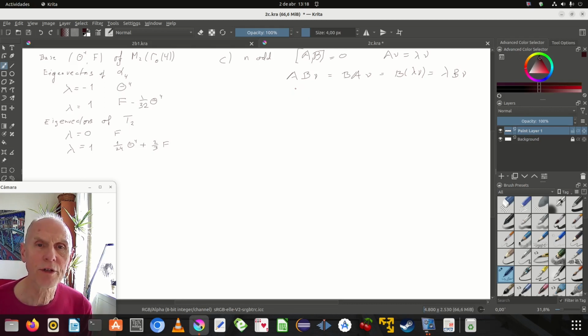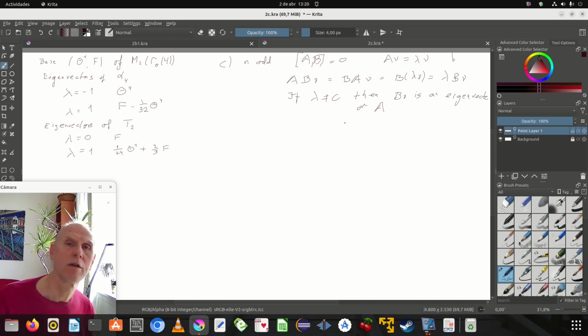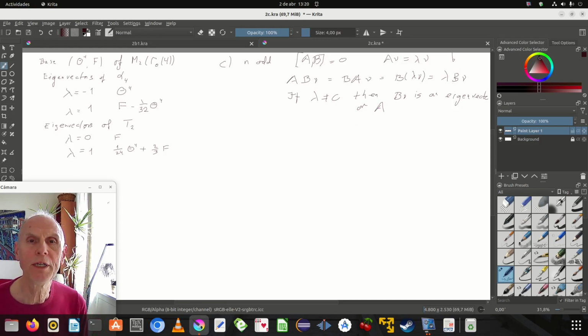Oh, so that means that if lambda is non-zero, then Bv is an eigenvector of A. That's what they mean, that B conserves the eigenspaces of A. All right.